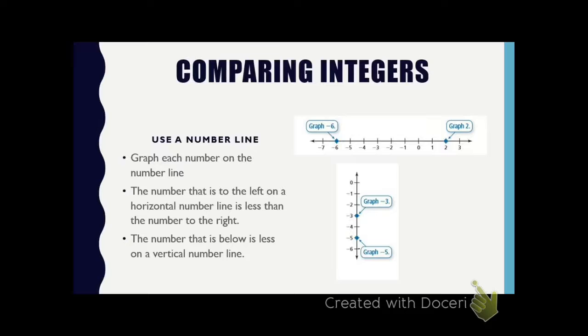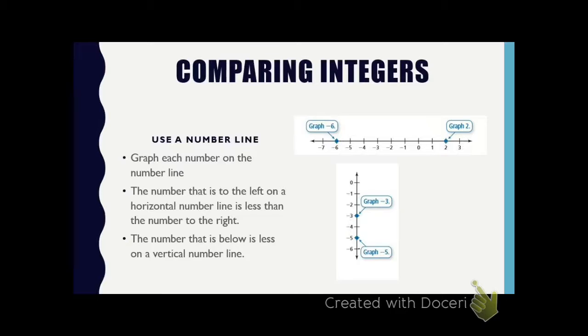All right, first we're going to talk about comparing integers. Which one's greater, which one's less? I recommend until you get really comfortable with negative numbers, just always have a number line drawn on your paper. Graph each number on the number line and look at them. They're comparing -6 and +2.